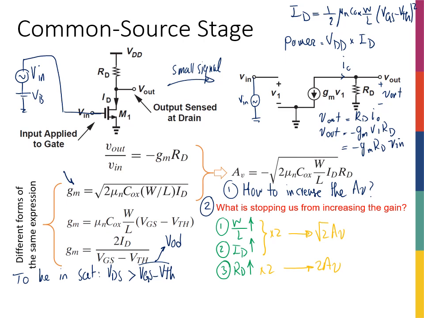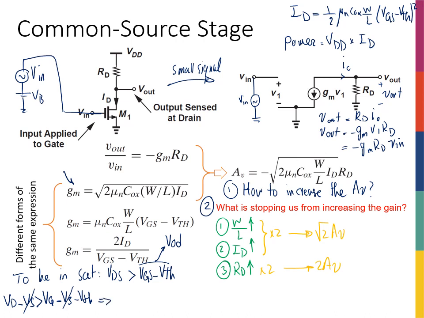Now, VDS is VD minus VS. VDS is equal to VD minus VS, should be greater than VGS, which is VG minus VS minus VTH. So VS cancels out. In this case, VS was 0, so I didn't even have to write this equation, but even if it's not 0, you can see that it cancels out.